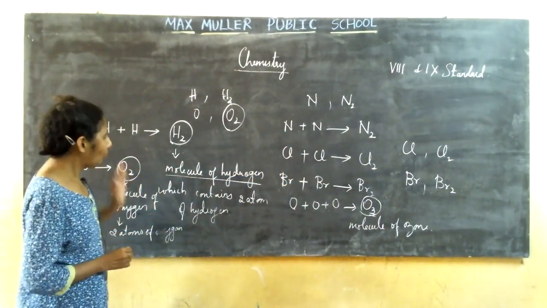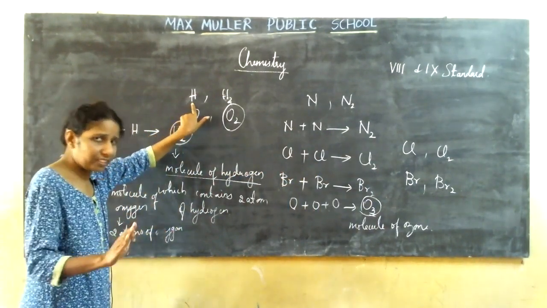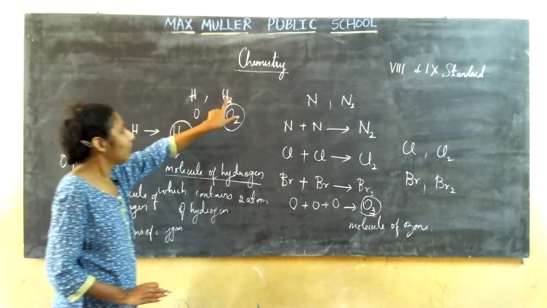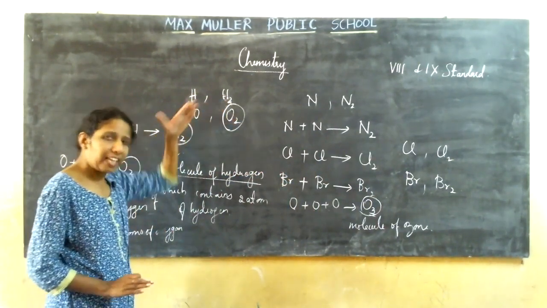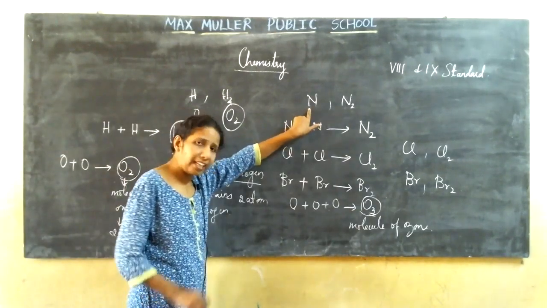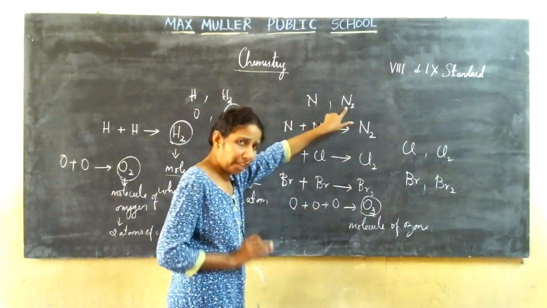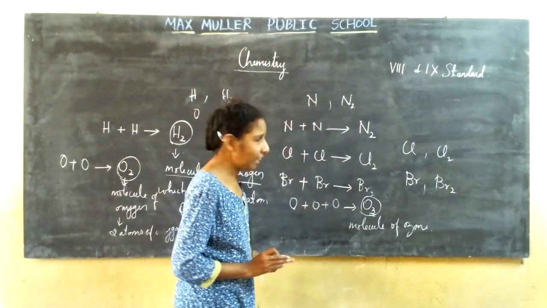So you should always know that hydrogen atom does not exist independently, whereas a molecule of hydrogen exists independently. So with nitrogen atom, it does not exist independently, whereas a molecule of nitrogen exists independently.